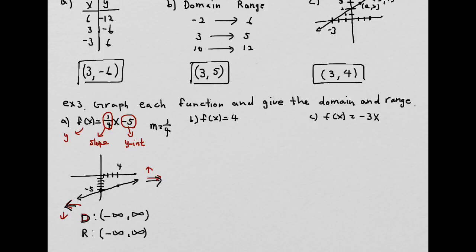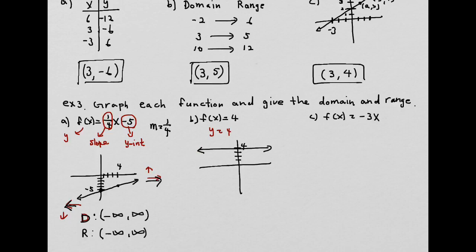Let's look at the next one. f of x equals 4. This is the same as y equals 4. And we know that if we don't have a variable x, then you're going to see a horizontal line. So no matter what x you have, your y will always be 4. That's what it's saying. So this is a horizontal line passing through 4.